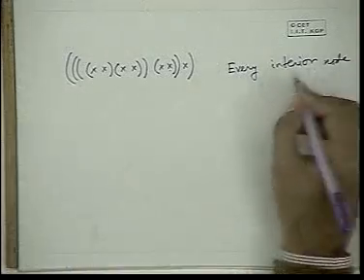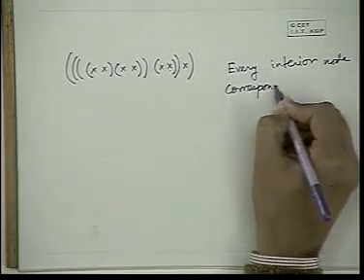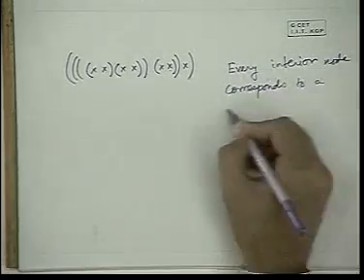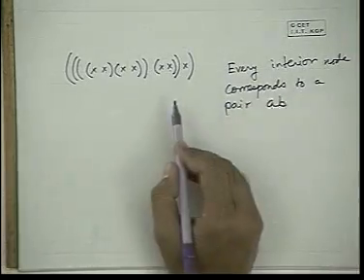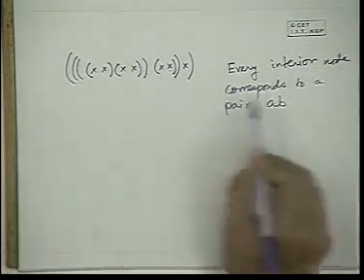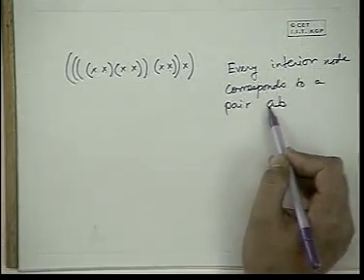We want to know how good it is. The rule of the binary tree is this: every interior node corresponds to a pair AB. We'll denote the open parenthesis and right parenthesis as A and B, two symbols.